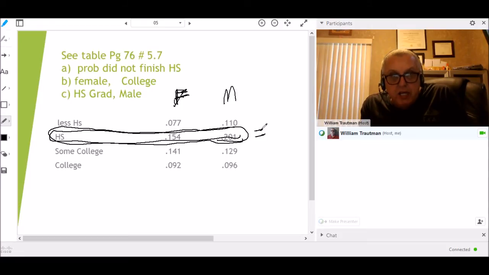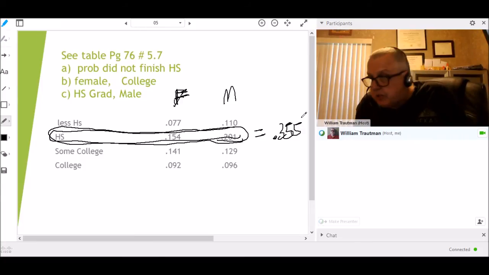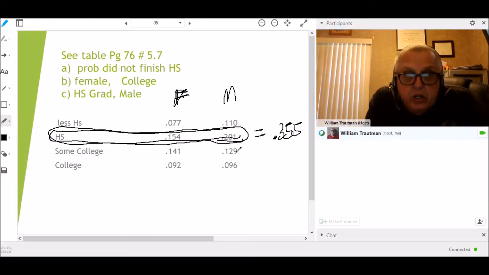Let's add those up before I even answer the question. 0.154 plus 0.201. When you add that up, you get 0.355. So this is the total probability for high school graduates. The question is asking, if an unemployed high school graduate is selected, what is the probability that he is a male? Male is 0.201.